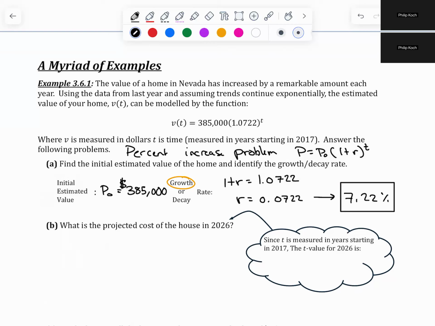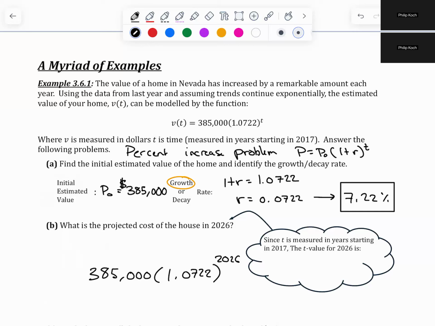Part A, what is the projected cost of the house in 2026? A common mistake that students will make is they'll plug that in: 385,000 times 1.0722 raised to the 2026, which will get you an obscenely large number. The problem is it's not measured that way.